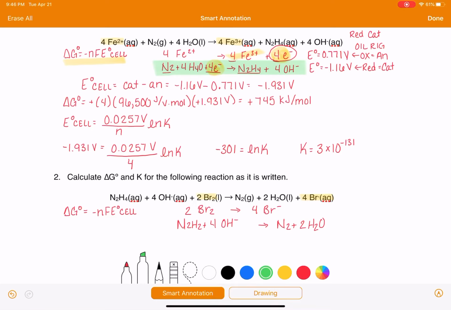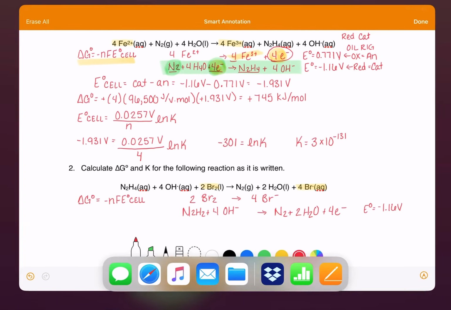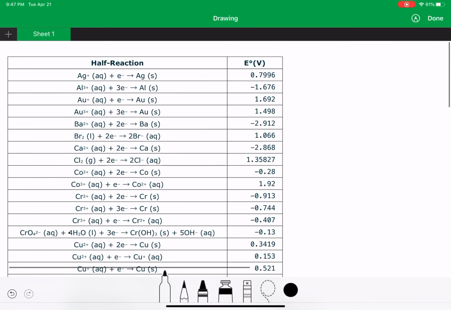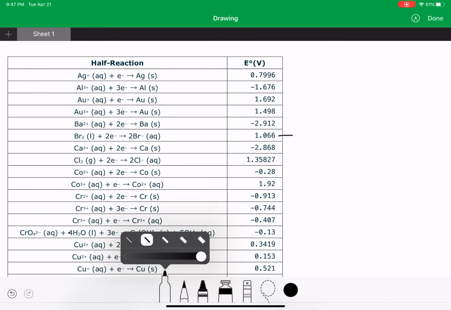Let's start by filling in the electrons for this half reaction. So we already looked up 4 electrons for every 1 N2. We have 4 electrons, and the E for this is negative 1.16 volts. So we only have to go looking for bromine on our table. Let's go find bromine. And we've got our bromine right here, and we can see that there are 2 electrons for every 1 Br2.